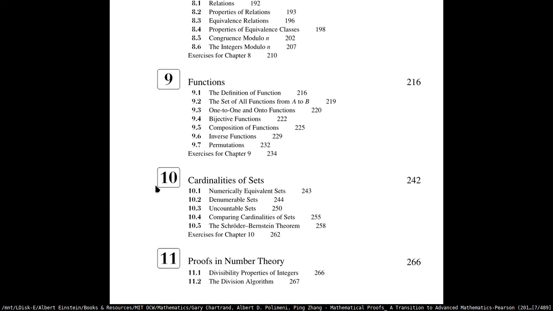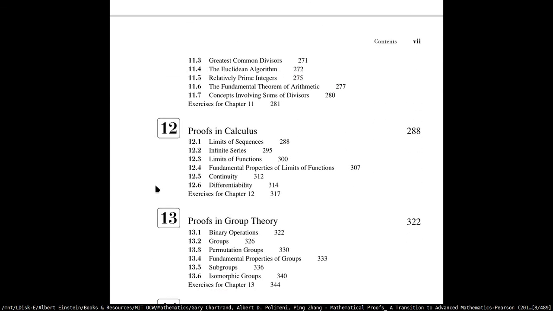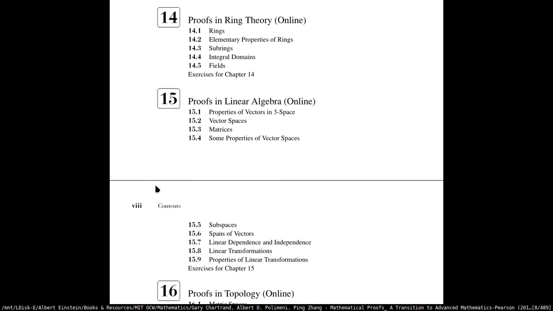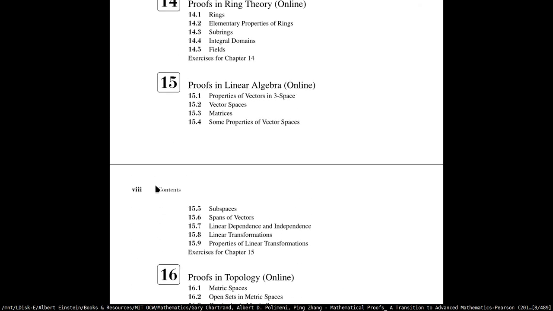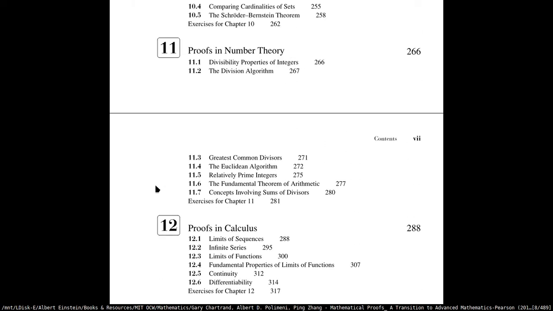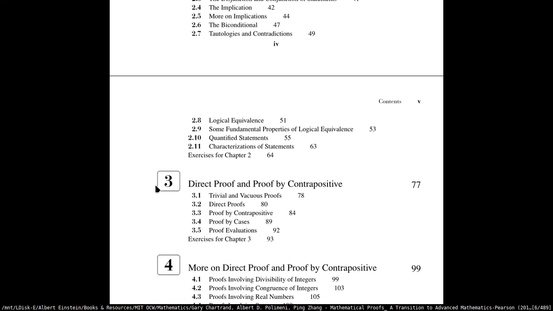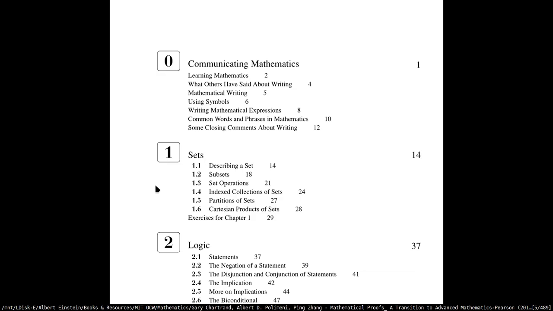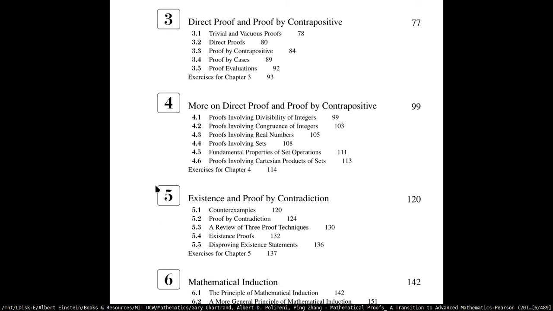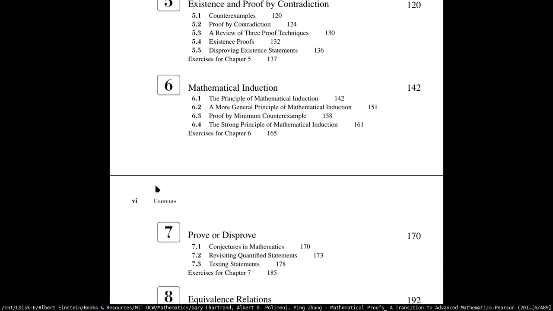We're not doing a course in proof writing, but you can pick up certain things from certain chapters that would be helpful. For example, they have a chapter on proofs in group theory, that can be helpful. And even the chapter on logic would be helpful for someone who wants to know how to make deductive statements in mathematical logic.